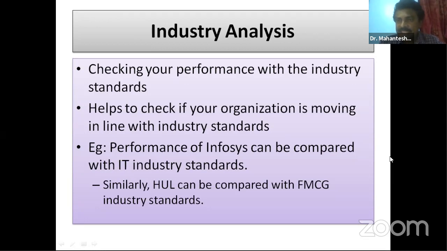Similarly, TCS, Tata Consultancy Services, Infosys, Wipro, HCL Technologies, Cognizant, Tech Mahindra, all these are companies, and IT, that is information technology, is the industry. So I hope nobody has a doubt as to what is an industry.